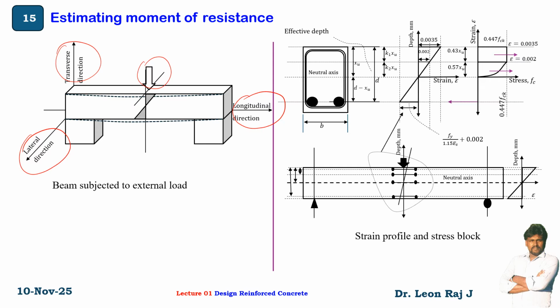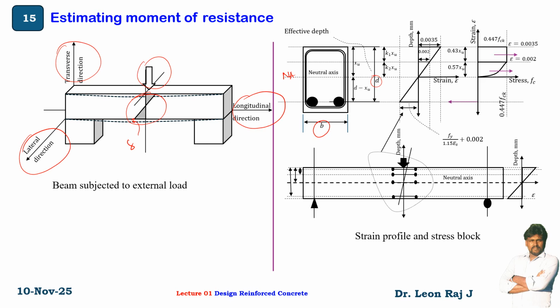So this is a transverse deflection, and this is how the strain profile varies. This is the width of the beam, D is the depth of the beam, and this is the neutral axis depth. This is the neutral axis where the strain is 0.